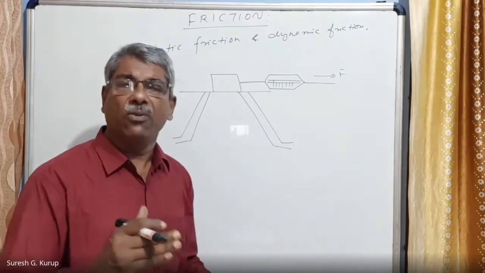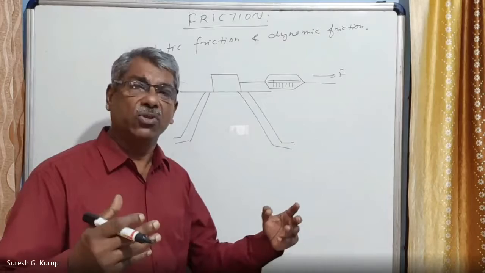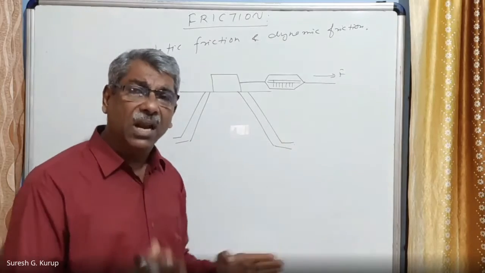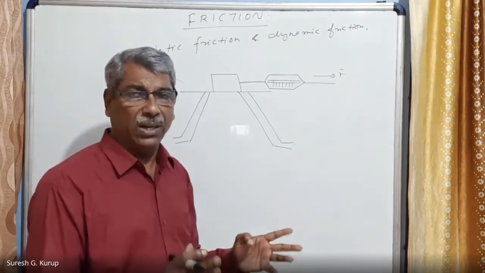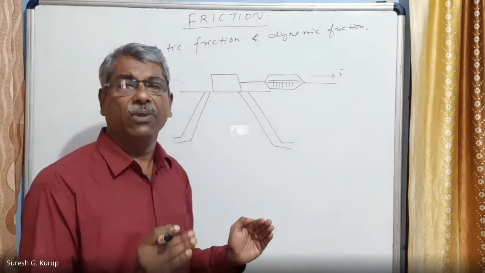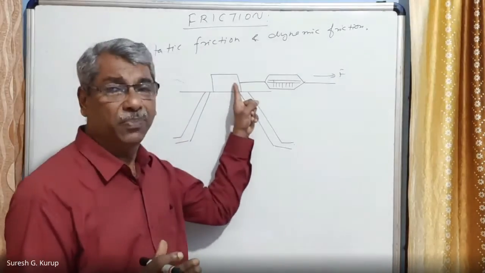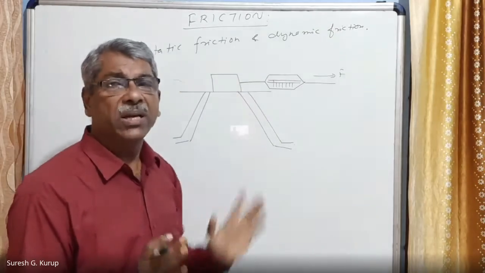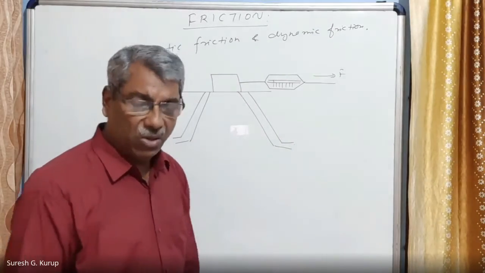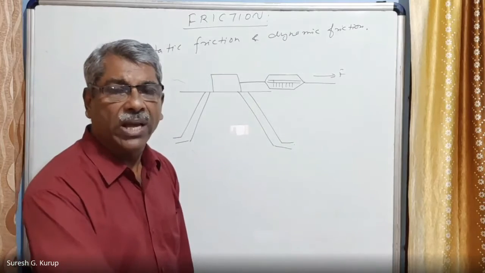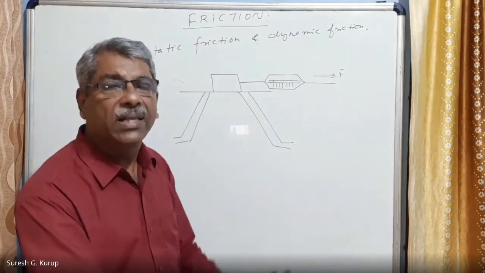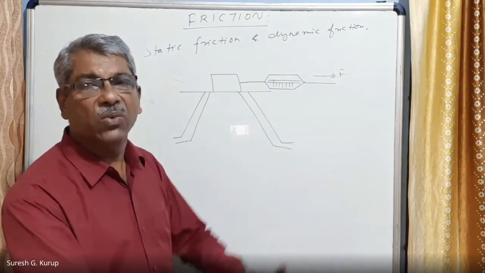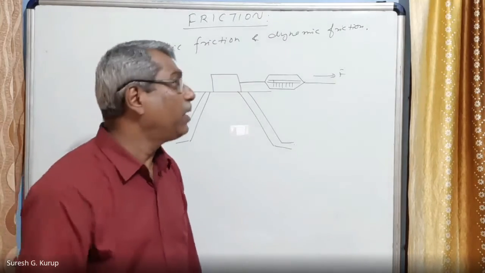When the pulling force goes on increasing, the frictional force also goes on increasing. But still, when the body is not moving, the friction acting between the surface of the table and the body is called static friction. So static friction is a frictional force acting between two bodies when the body is not moving. Either of the bodies not moving is what is called static friction.